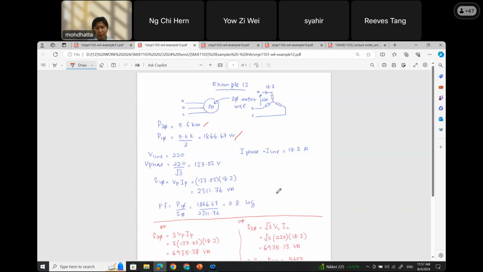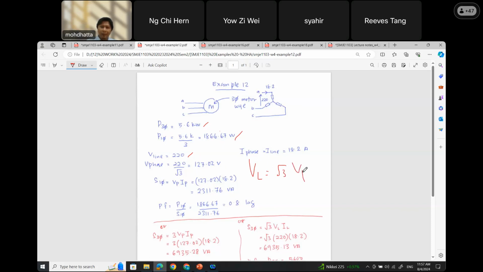Other information that you need to be aware of, from here you can use this equation where V line equals root 3 times V phase.